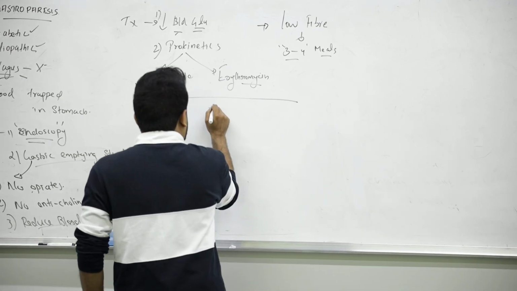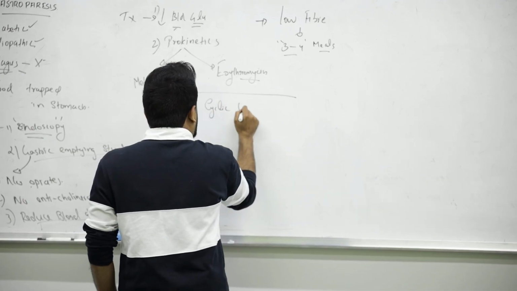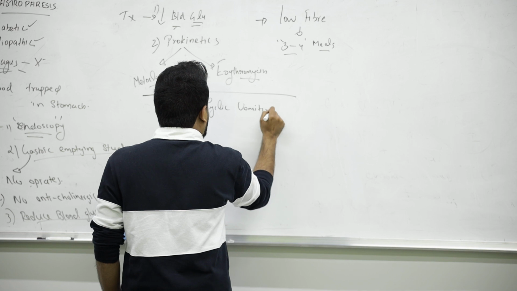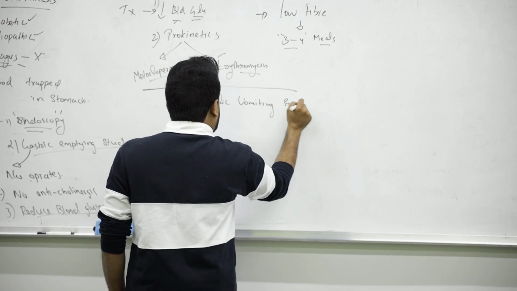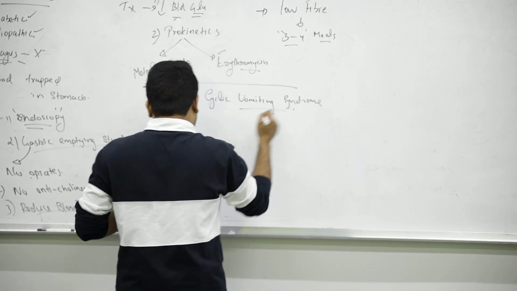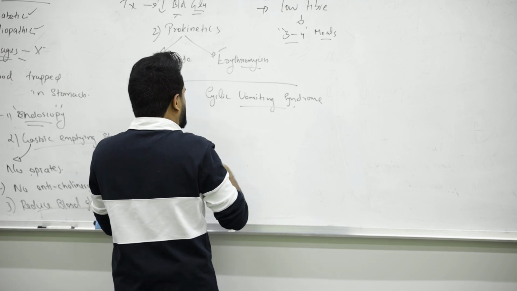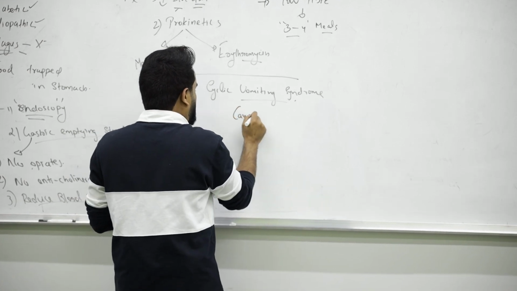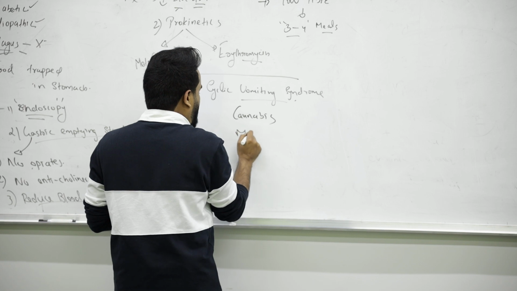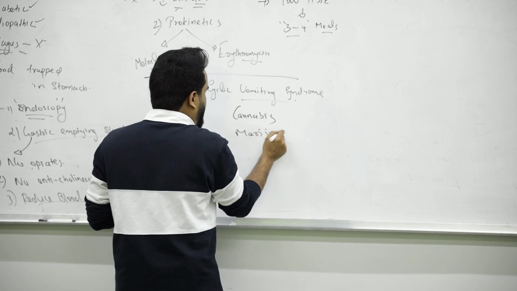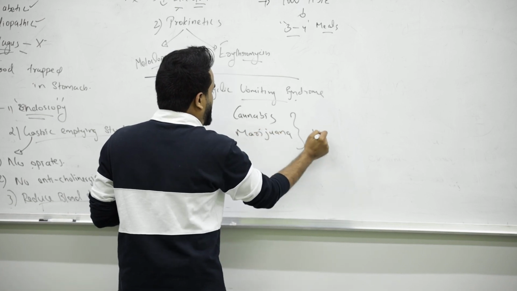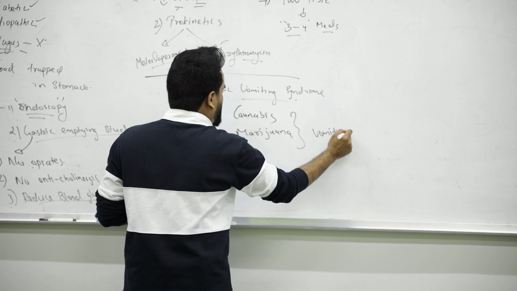Then next one, cyclic vomiting syndrome. Some people will be vomiting, they will have a GIT motion problem, because they are cannabis or weed smokers, marijuana smokers. So they will be vomiting, cyclic vomiting.